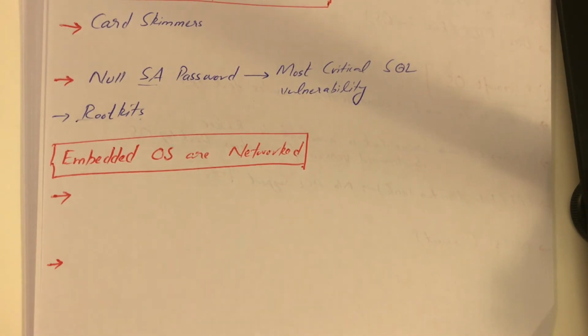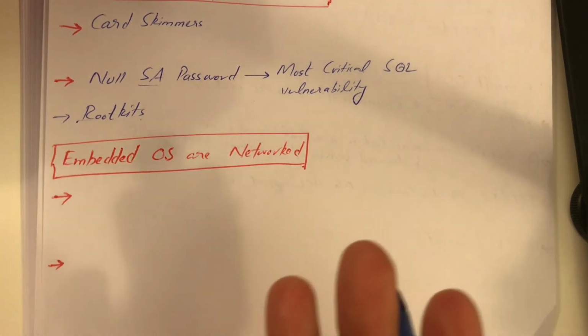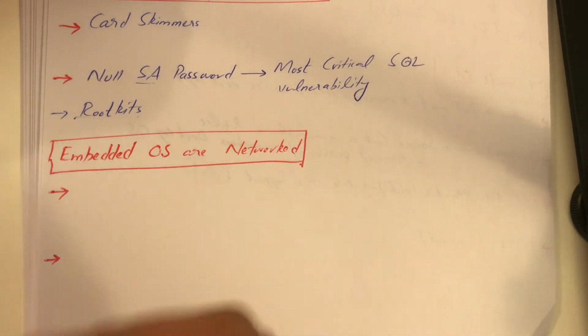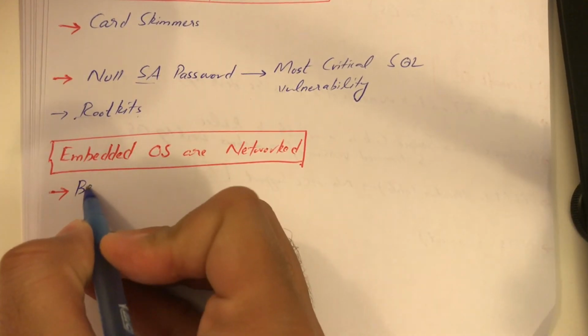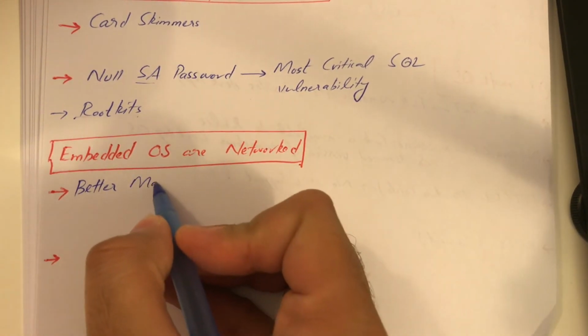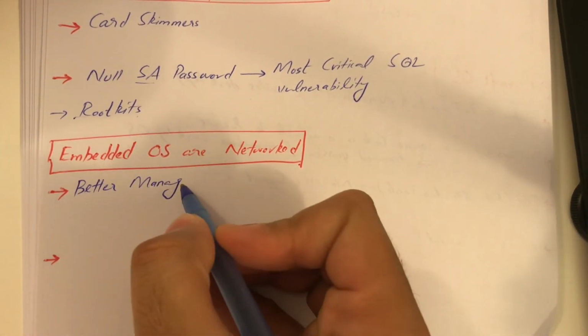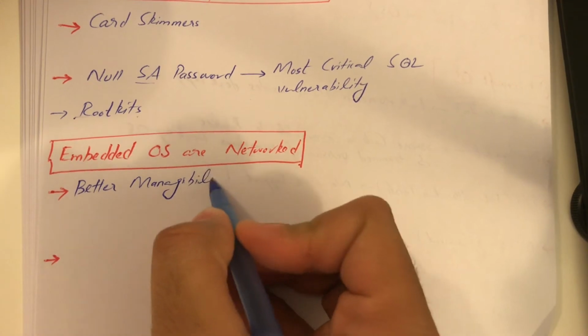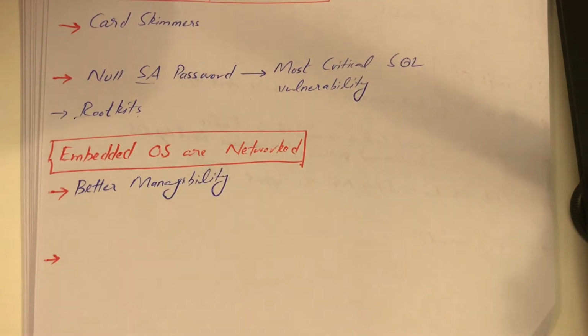We also have the network operating system for managing these embedded devices. Having a network-based embedded operating system gives us better manageability and control.